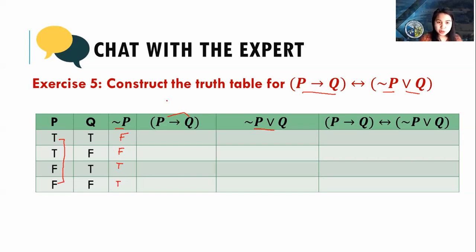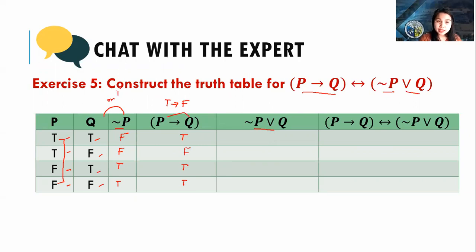Next, P then Q. Remember, it's only false if it's true, then false. So true, true, true. True, false, false. False, true, true. False, false, true. Next. Here, not P, this one, or Q. Not P or Q. What's the rule for or?